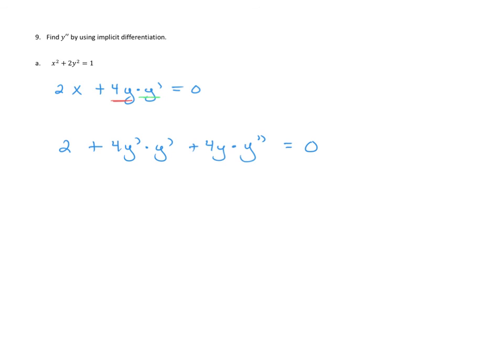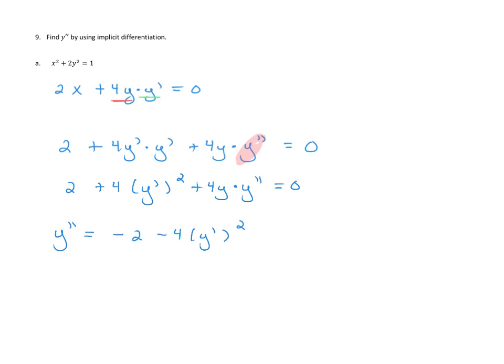If I solve this thing for y double prime, that's the second derivative. I'll simplify this a little bit first. We have 2 plus 4 times the first derivative squared, plus 4y times y double prime. Y double prime, the second derivative, is equal to negative 2 minus 4y prime squared, all divided by 4y.